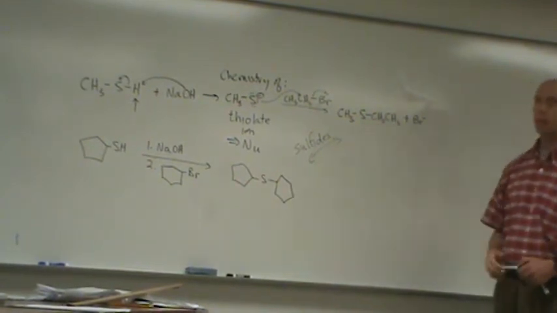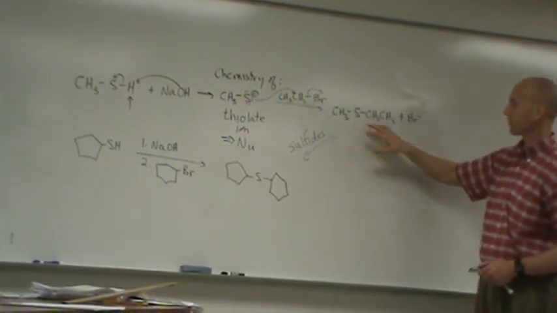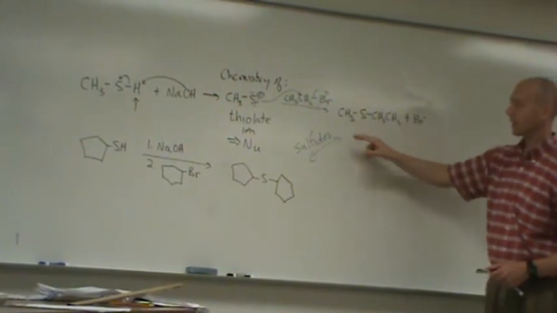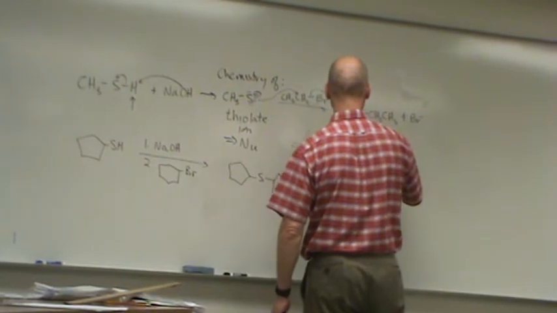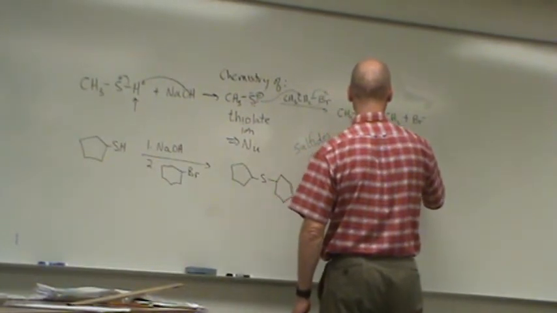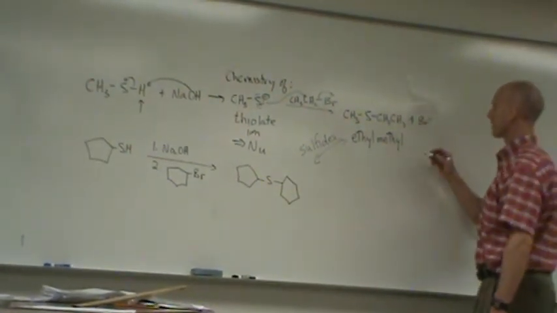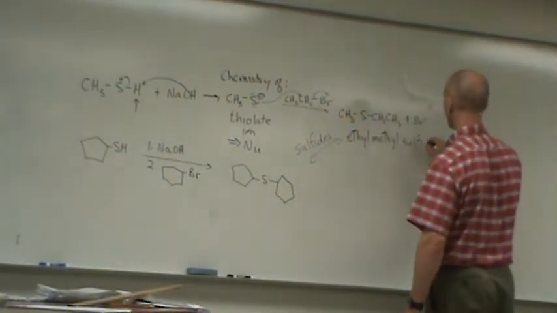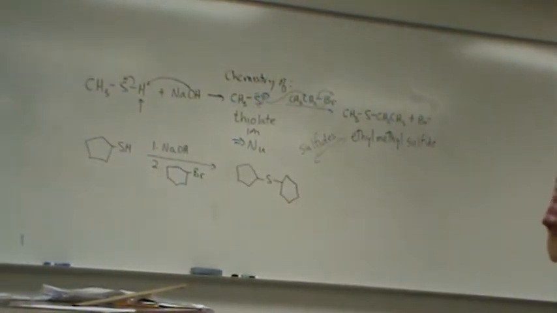Let's look at how to name sulfides. Very easy. What you do is you name both sides of it first. So I got an ethyl and a methyl. I write those in alphabetical order, and then end up with the word sulfide. So I get ethyl methyl sulfide.